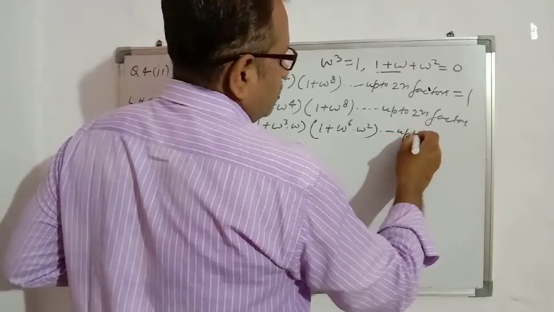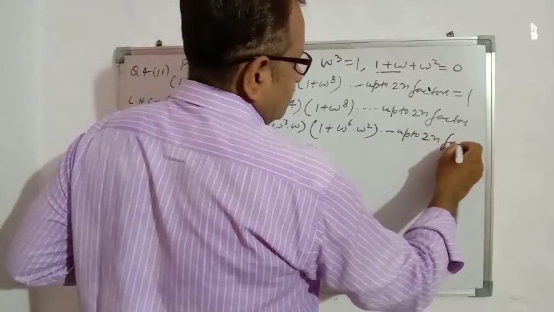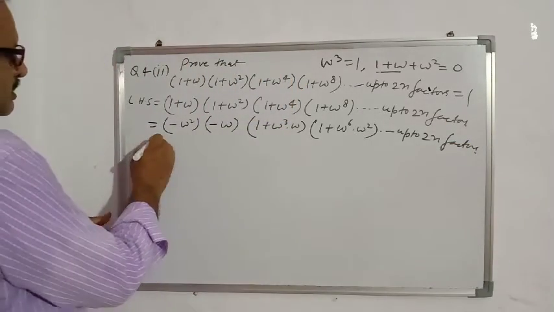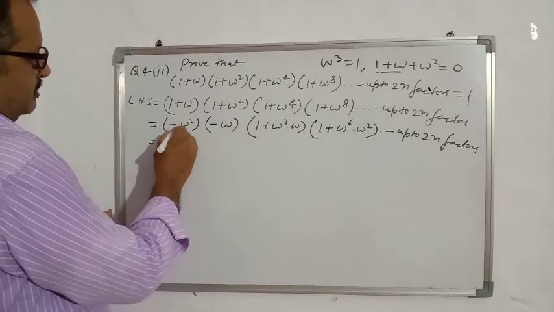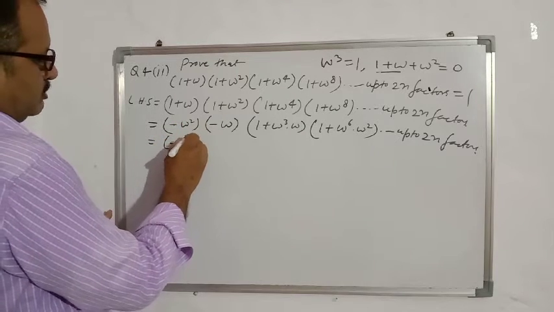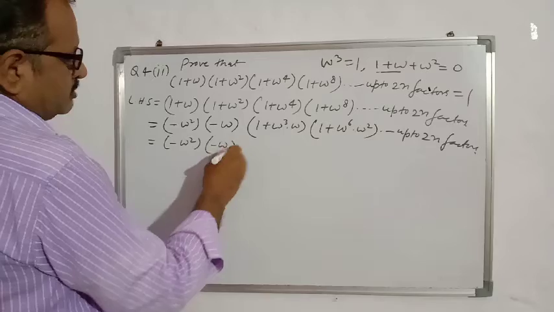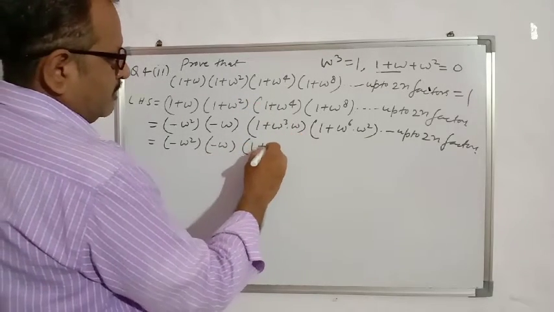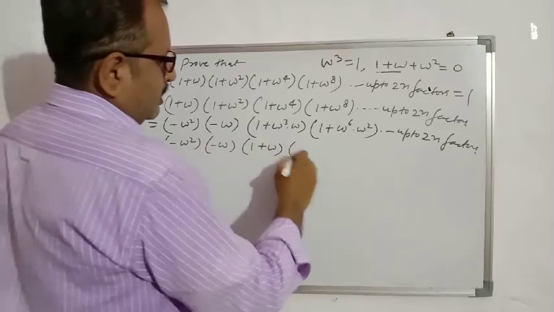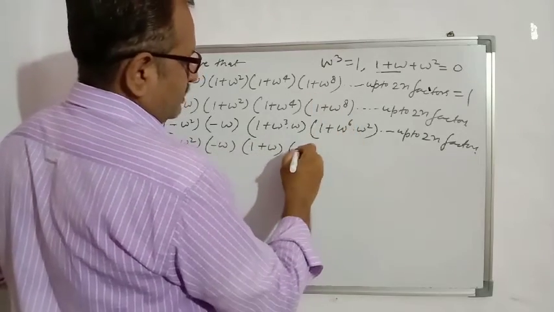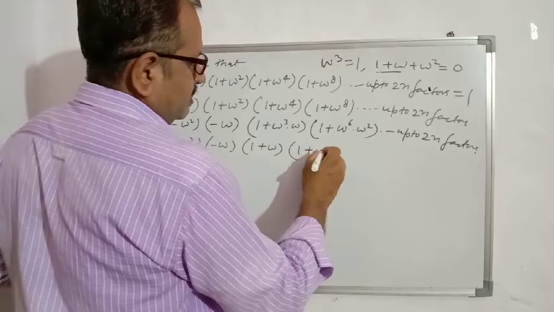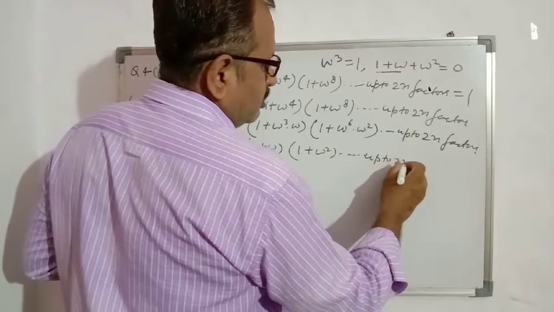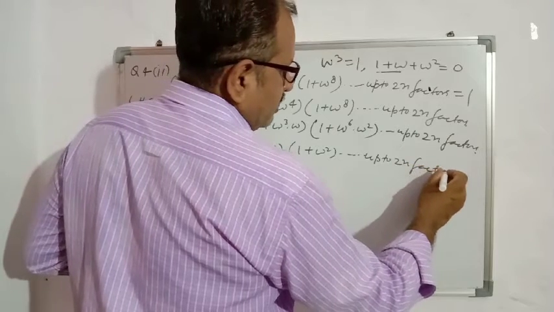Up to 2n factors. See here, minus omega square into minus omega. Omega cube value is 1, so it will be 1 plus omega. Omega to the power 6 is also 1, so it is 1 plus omega square up to 2n factors.